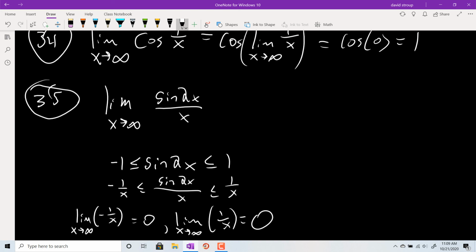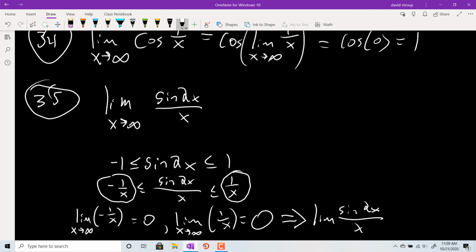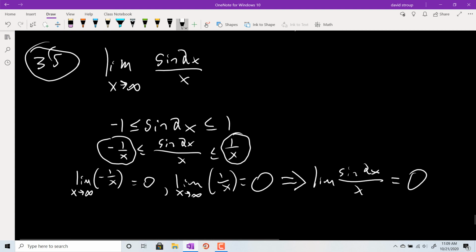The squeeze theorem says if the limits of the outer ones equal the same thing, that forces the limit of the middle one to equal that same thing. So all of that implies that the limit of sine of 2x over x is just equal to 0. That's by the squeeze theorem.